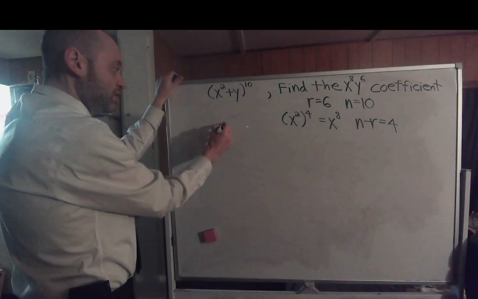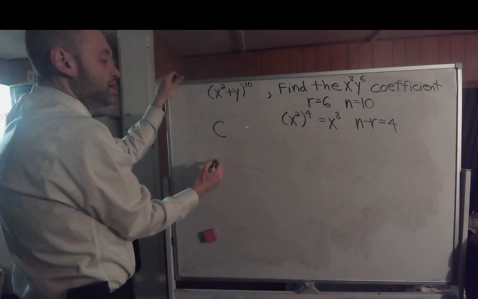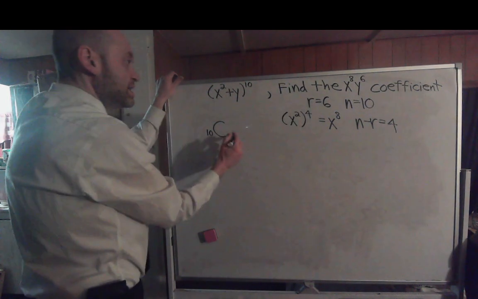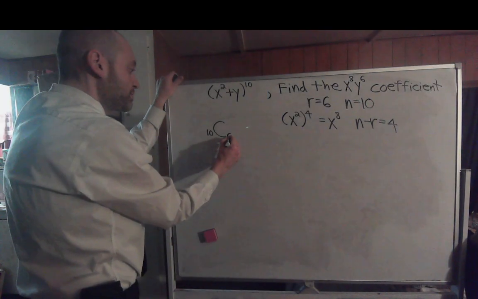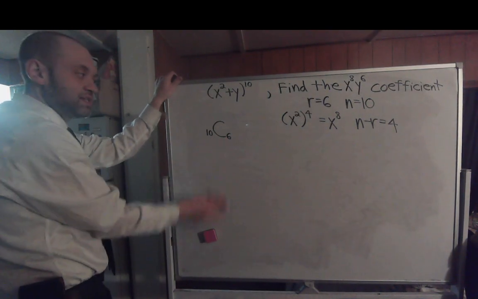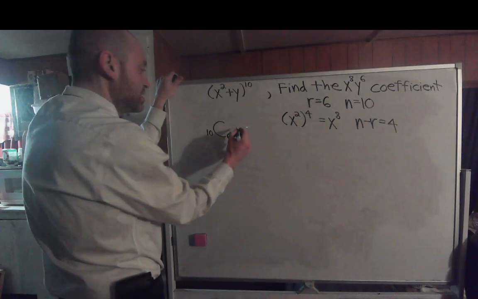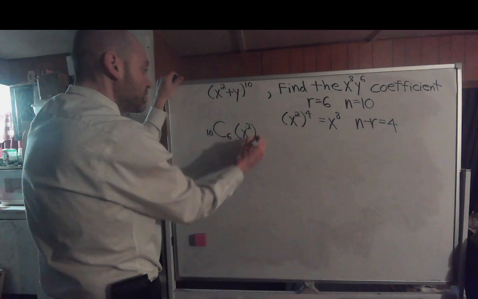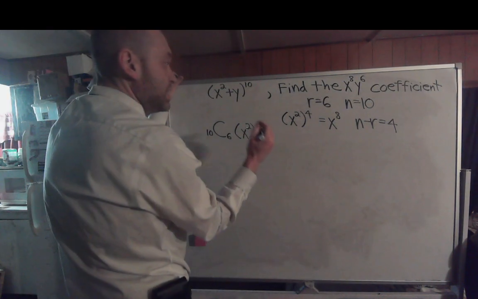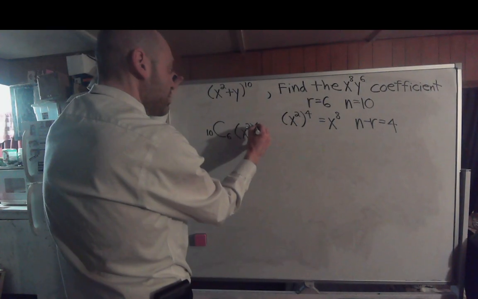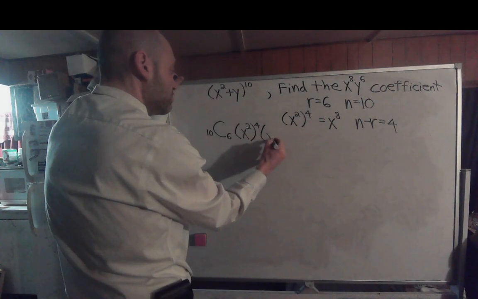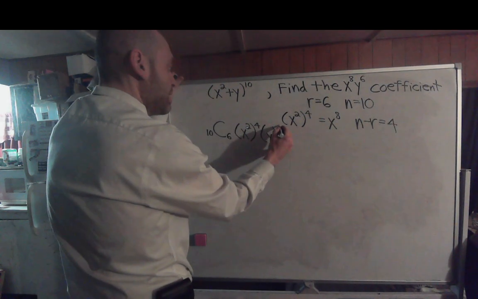So to find the coefficient, you'll take n things, which is 10, r at a time in this case, which is 6. So 10 things, 6 at a time, that combination, times your x squared raised to the n minus r power, which is 4, times your second term, which is y, raised to the r power, which is 6.